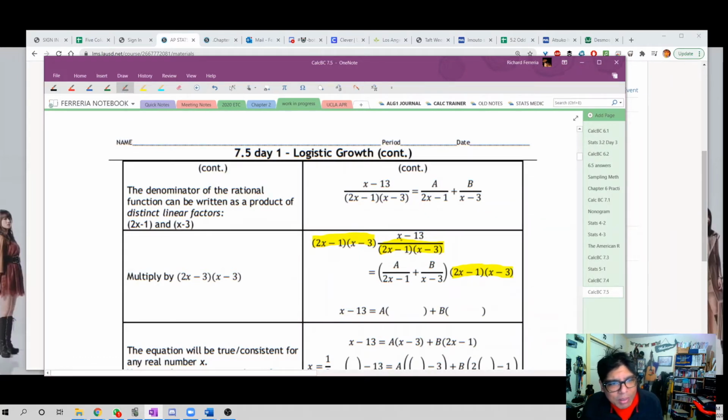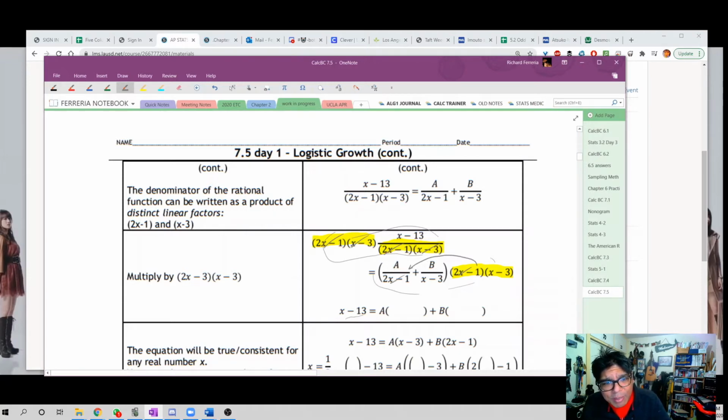It's kind of hard to see because this up here is the left side, and this over here is the right side. So let's take a look at the left side. If I multiply, this denominator cancels, and I'm left with just x minus 3. And on the right side, when I distribute this to the first term, I'm going to cancel out the 2x minus 1.